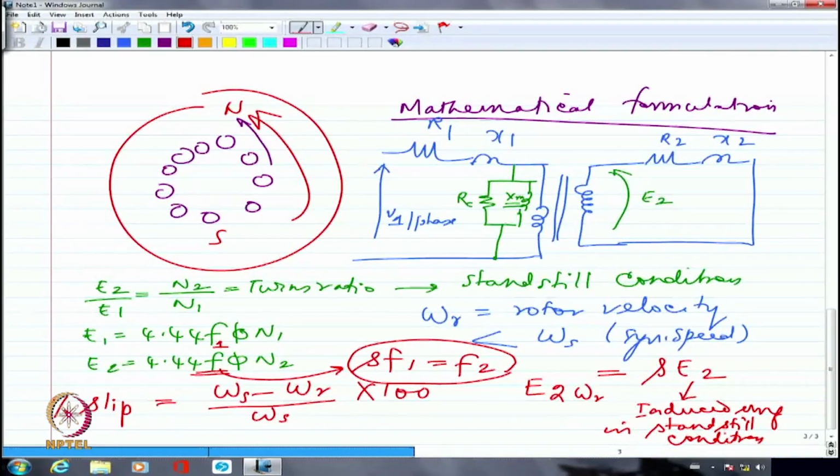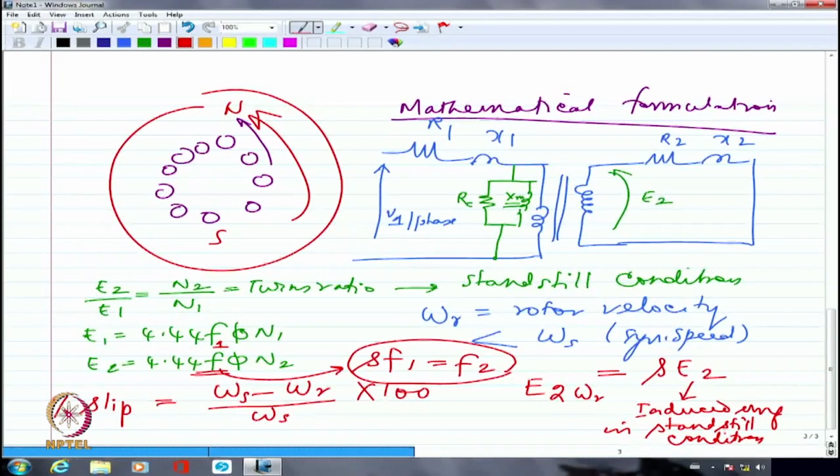So the moment the rotor starts rotating, I am going to have immediately two repercussions. One is that the frequency of the rotor circuit declines, and the second is that the overall induced EMF in the rotor circuit also declines, and both of them decline by a factor of S. And S is definitely less than 1.